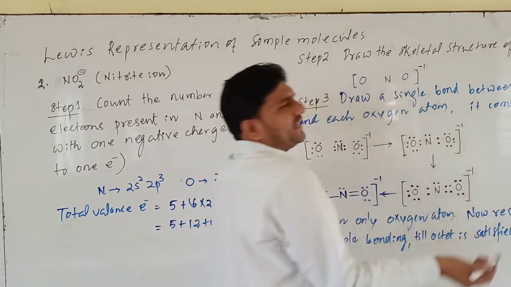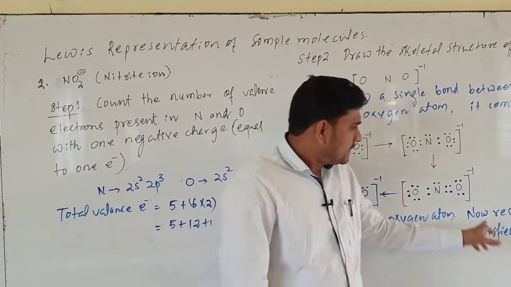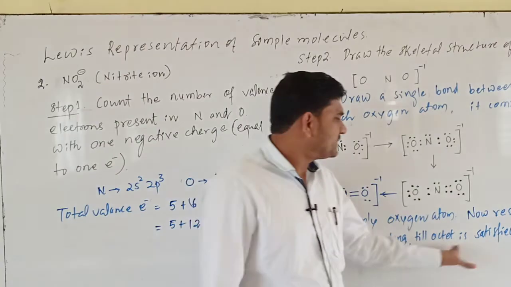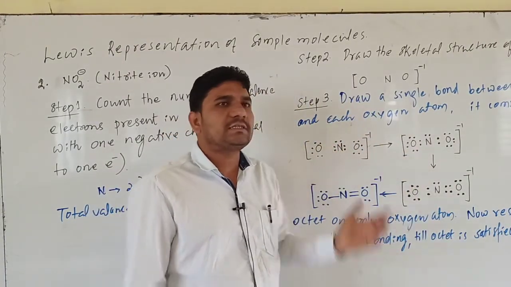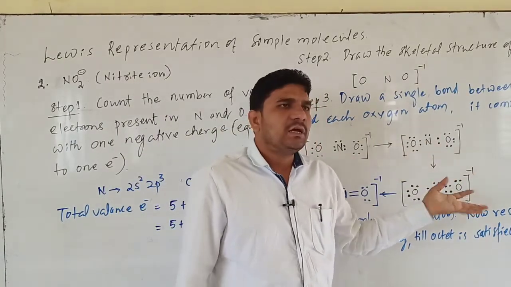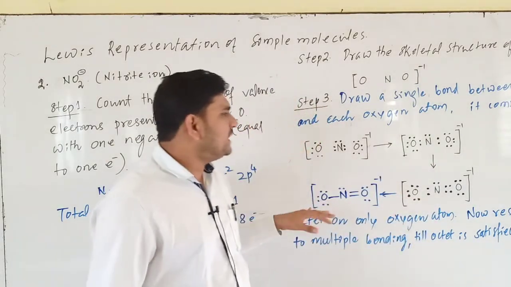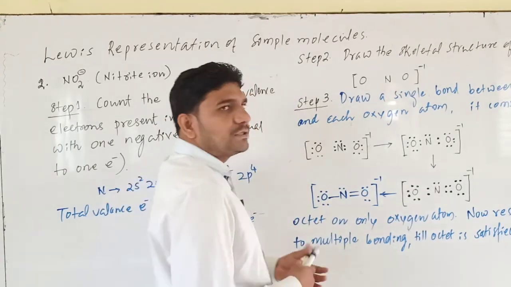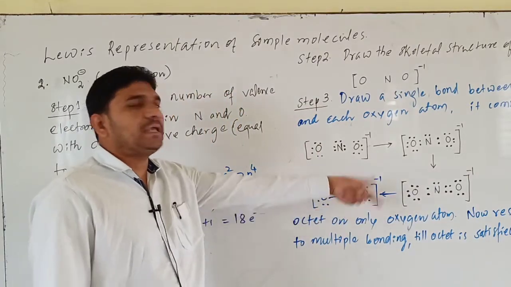Resort means now trying to place multiple bonding till it satisfies the octet. What I did is the same thing. First I placed a single bond, but that single bond doesn't satisfy the octet on all the elements. Now place a multiple bond, until all the elements in the given molecule or ion satisfy the octet. Understood? This is the Lewis dot structure of the nitrite ion.